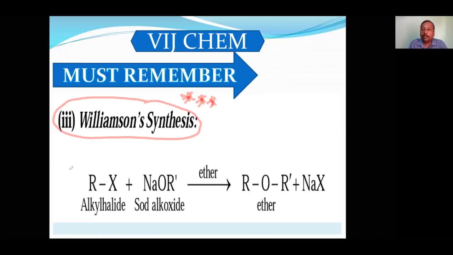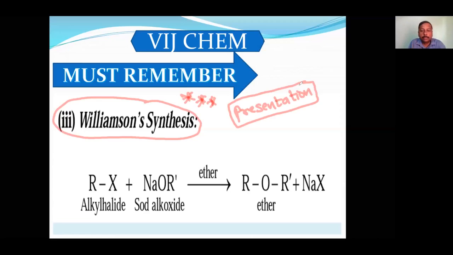Even it may come in the board examination. How will they ask in the board examination? Write a short note on Williamson synthesis. In the board examination, presentation matters. You should write it in nice language so that the paper correction person should understand it easily.